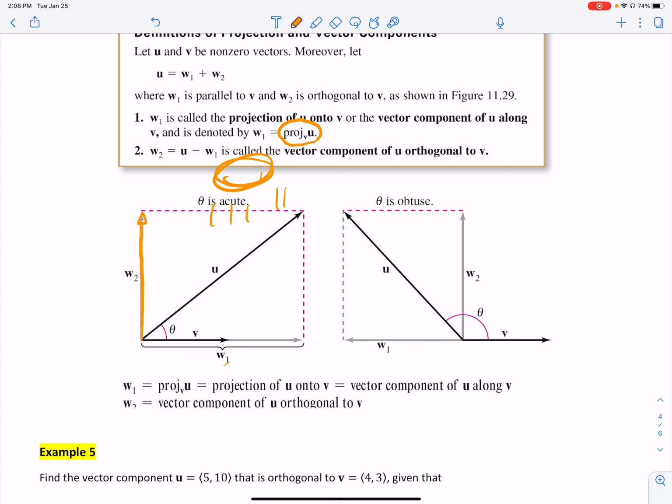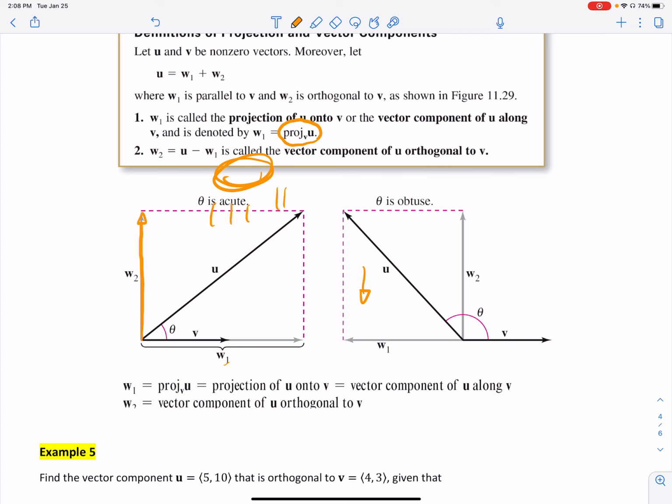Now, it's kind of weird because on this one, you're onto this V, right? But here, the projection is nowhere near V because V is over here. Doesn't matter. So don't let that trip you up. It doesn't have to actually be on top of the vector, just on top of the line for that vector.